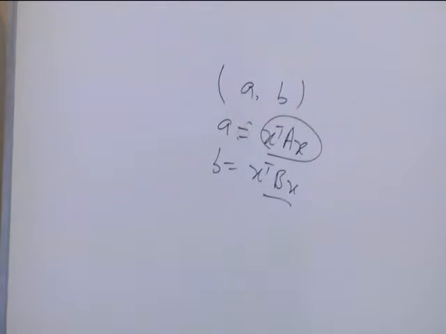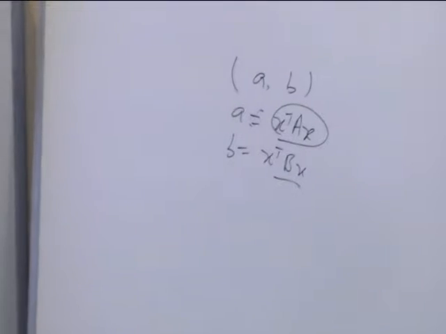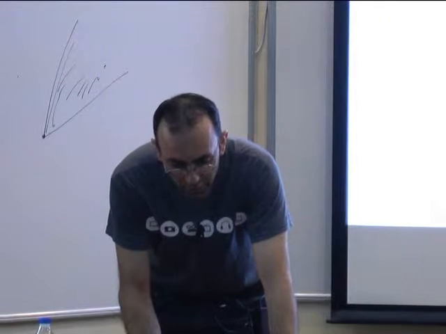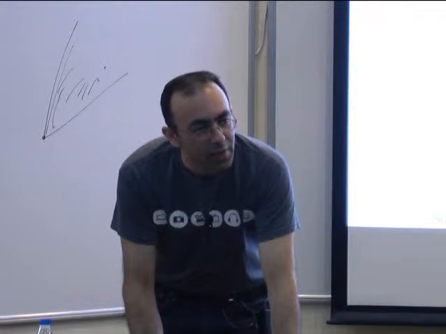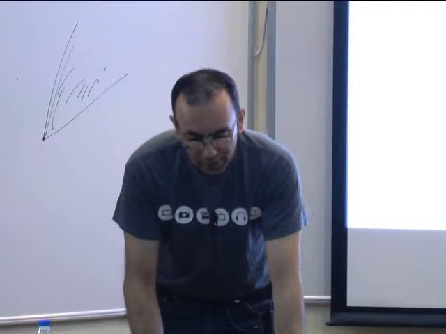So you have an infinite number of such x's. You look at all possible pairs that arise, and the collection of all those pairs is a convex set. Okay, anyhow, this is a challenge problem. Let's not spend time solving it right now, but I encourage you to think about it. This challenge problem lies at the heart of a lot of very important optimization problems.